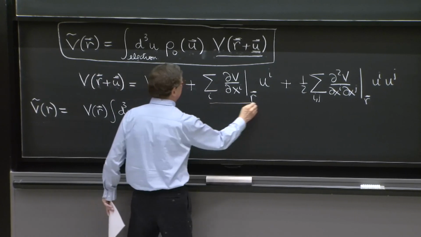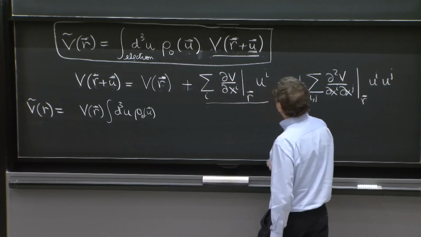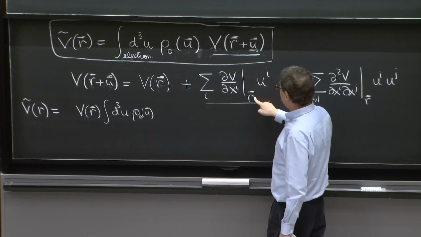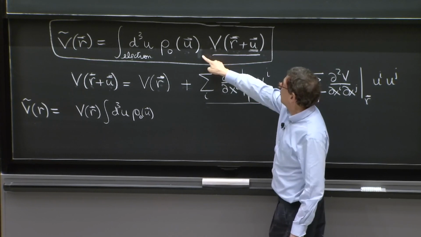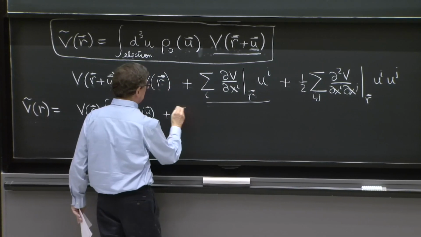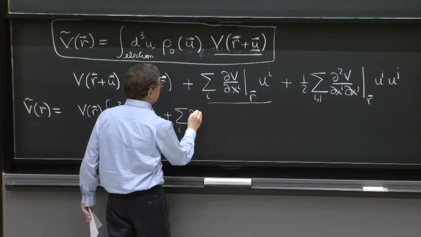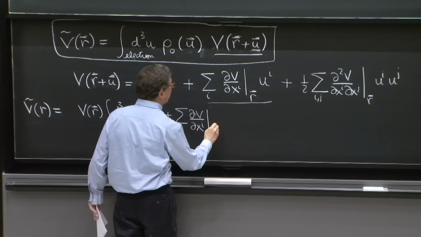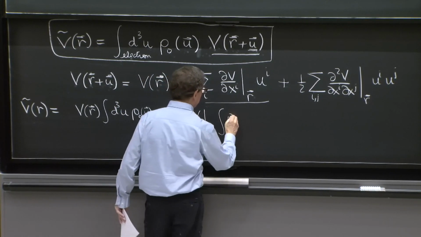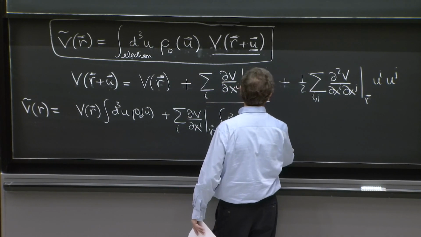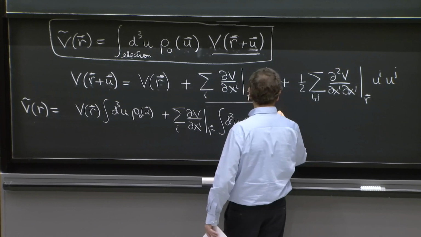For the next term, these derivatives are evaluated at R, have nothing to do with u. They go out, so plus sum over i dV dxi of R integral d cube u rho 0 of u ui.